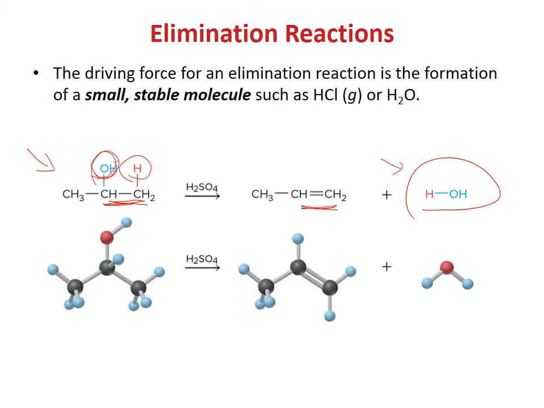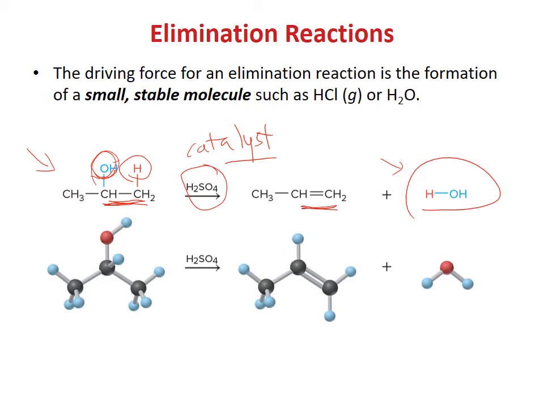Now, for elimination reaction, usually sulfuric acid is used. Sulfuric acid is called a catalyst in this reaction. A catalyst is a compound that is not consumed itself during the reaction, but it can increase the reaction rate and make the reaction go faster.